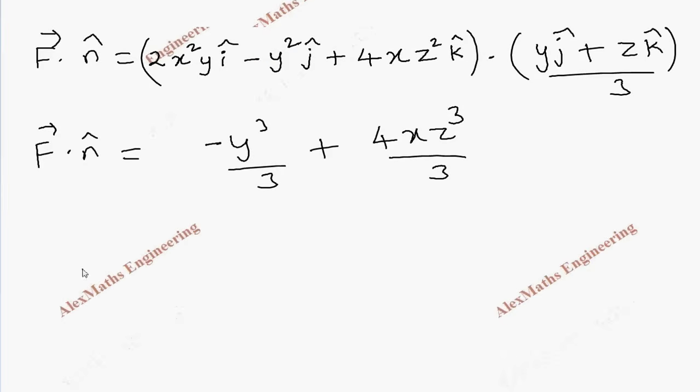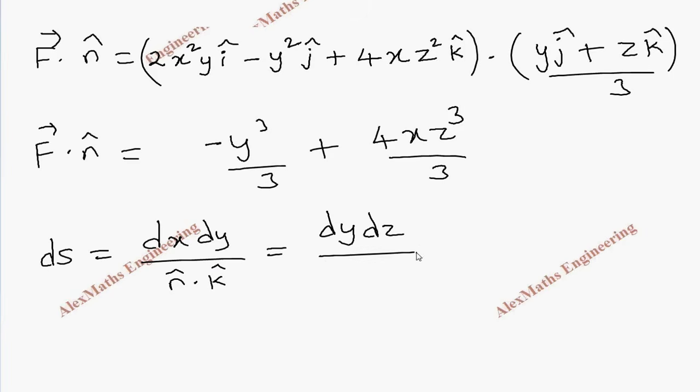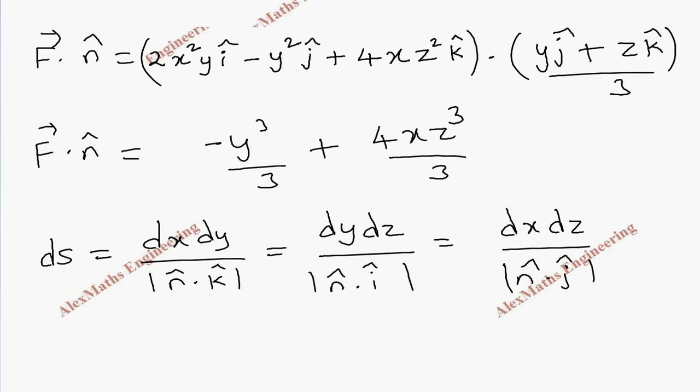We also need ds. ds we can take as dx dy by n cap dot k cap, or we can also take dy dz by n cap dot i cap within the mod, or we can also take dx dz by n cap dot j cap.